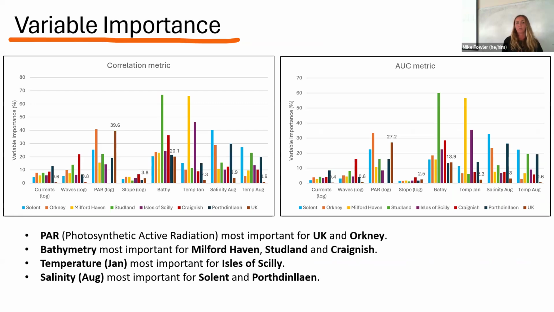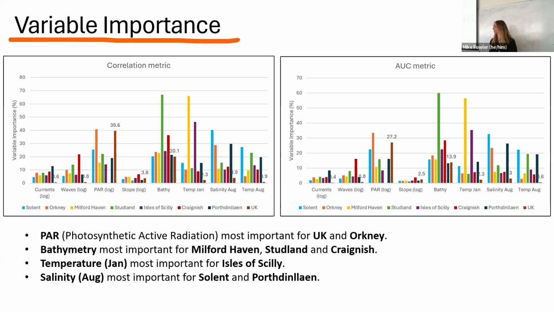When you look at variable importance, so this is looking at the different environmental variables we used, it changes a lot between the different sites that we looked at, and I'll show you a map of these different sites in a moment, which might explain some of these things. For example, PAR, which is the photosynthetic active radiation, or the light at the seabed variable I mentioned, seemed to be the most important variable for the UK as a whole, and also for Orkney.